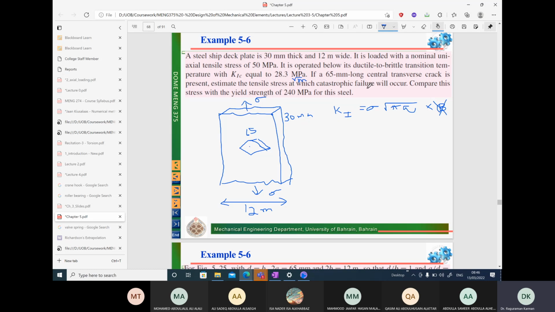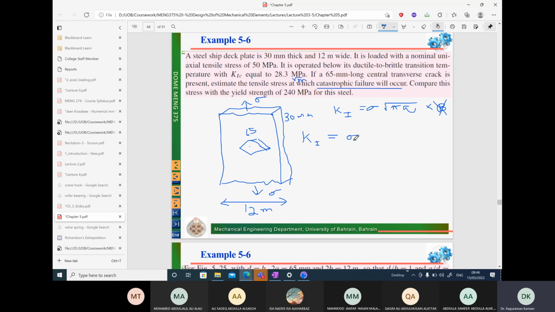Now, before we do that, if you see the question: estimate the tensile stress at which catastrophic failure will occur. If you want to calculate the stress at which catastrophic failure will occur, KI should be equal to KIC value.